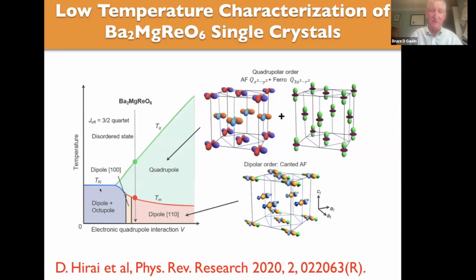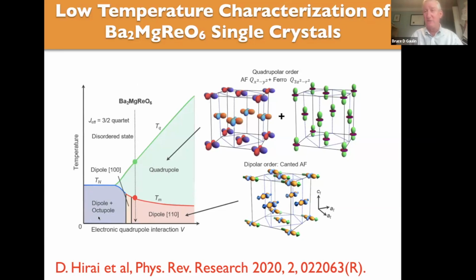So this is the phase diagram that the authors of this paper felt they were working with. So it's temperature versus some measure of the strength of the quadrupole interaction parameter. And they felt they were in this regime where it's relatively strong. So you first get quadrupolar ordering and then dipole ordering.